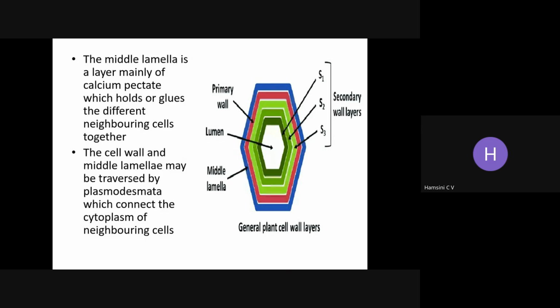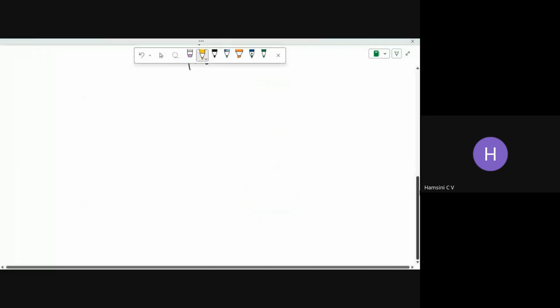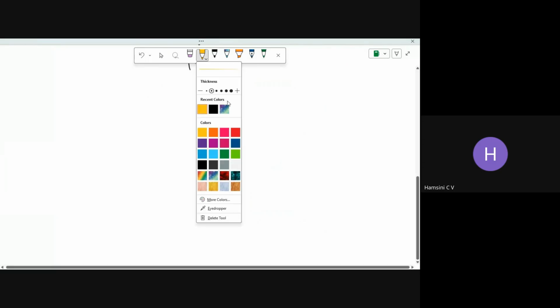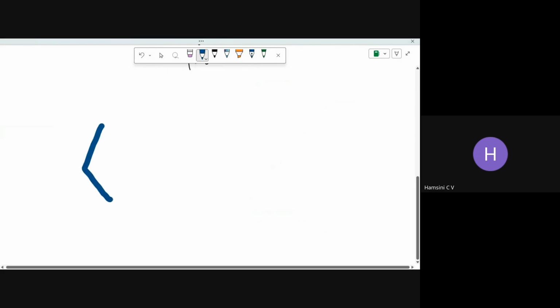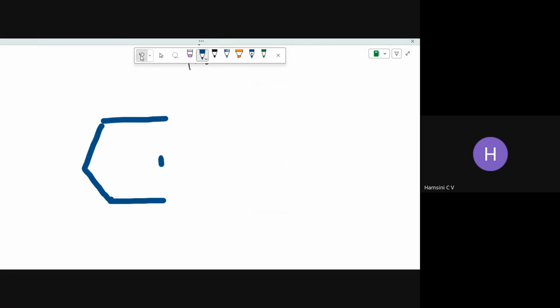So see, here they have indicated blue color, so even I will take blue color. See, this is middle lamellae, the outermost part of a cell, made up of calcium pectate.